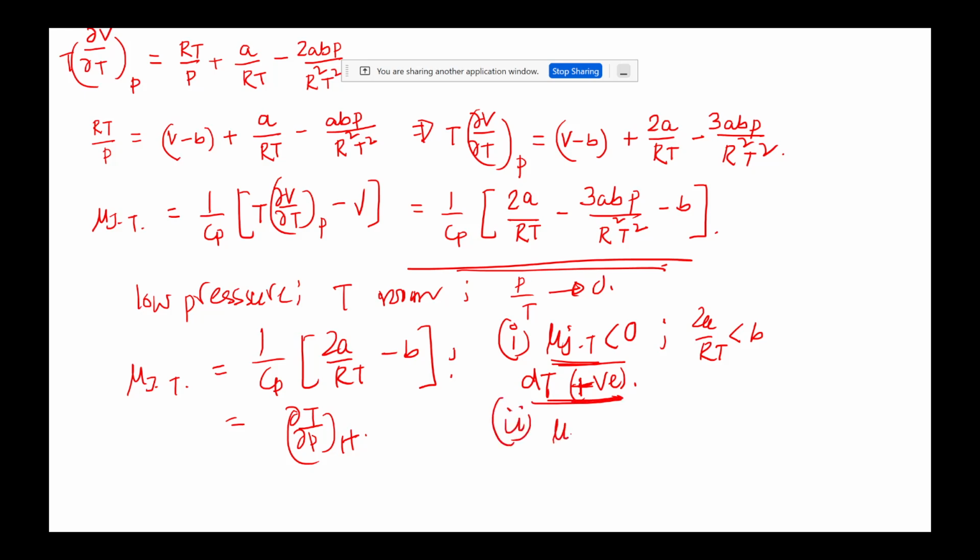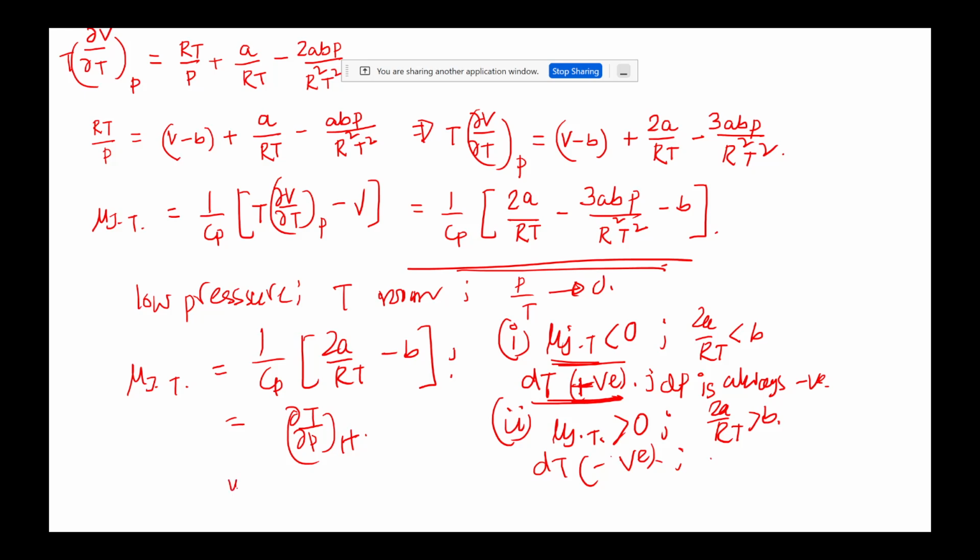When mu JT is positive, meaning 2A by RT is greater than B, then we can say dT will be negative, because dP is always negative.